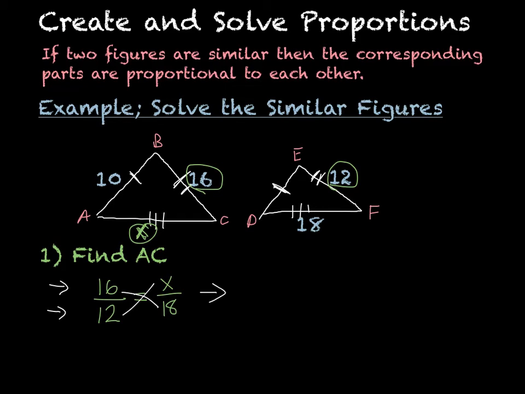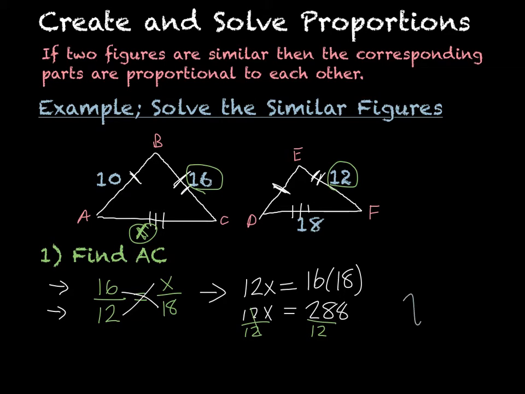What I'm going to have is 12x equals 16 times 18, so 12x equals 288. Finally, we divide by 12, and x equals 24. So to find AC, we would find x to be 24.